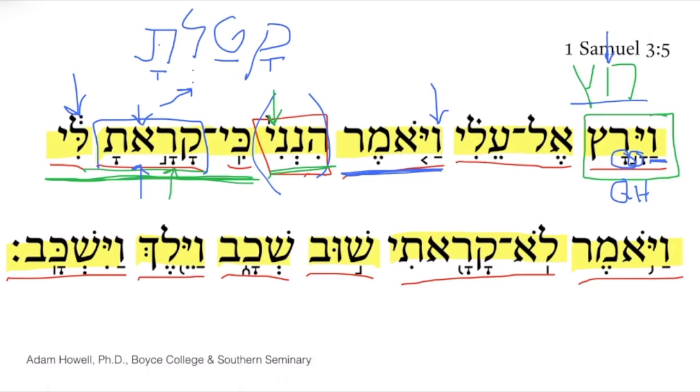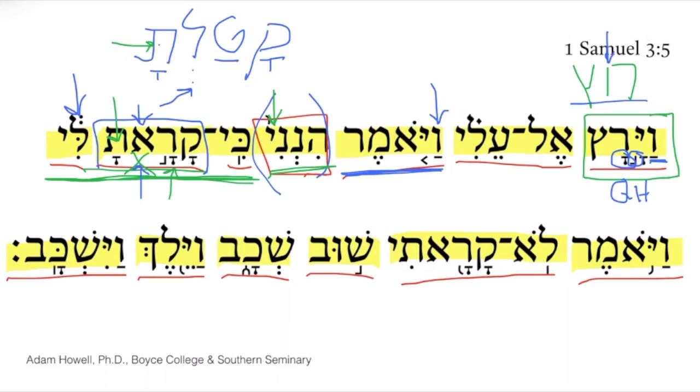So that's how we get the long qamets as the theme vowel here. Next, I want you to notice there's no dagesh lene in the tav sufformative of the perfect 2ms. And this is because when the aleph quiesces, the silent sheva is also gone, and the tav, being a begadkefat letter, is no longer preceded by the absence of sound. So hence here it's going to lose its dagesh lene.